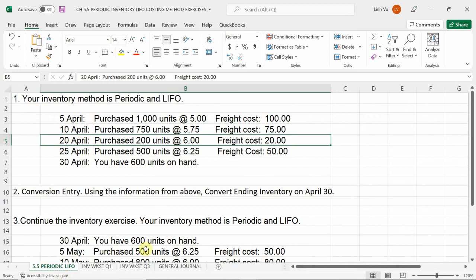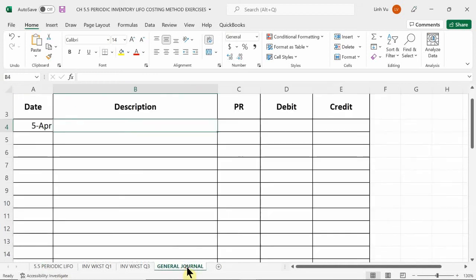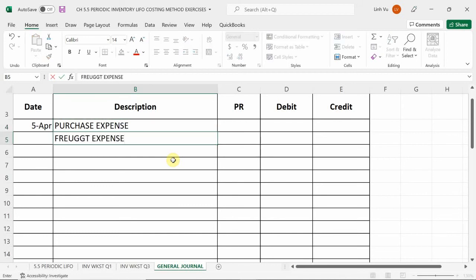We put the purchase expense, and then we also have to have a freight expense. Purchase expense, freight expense, and if I am assuming I'm purchasing it on account, we'll put accounts payable.